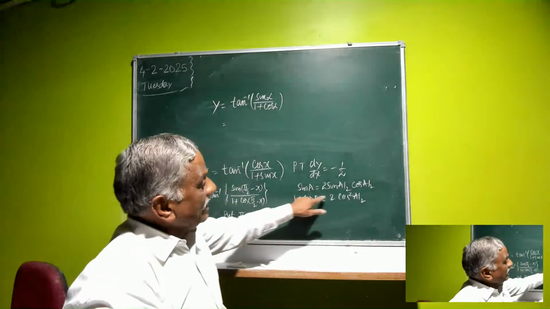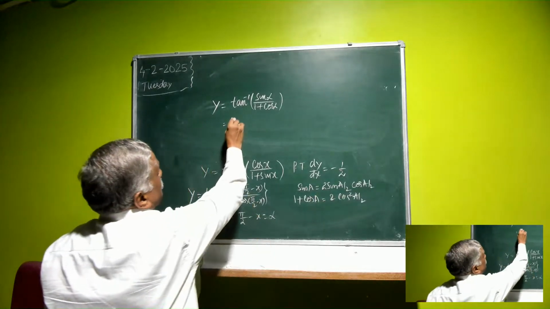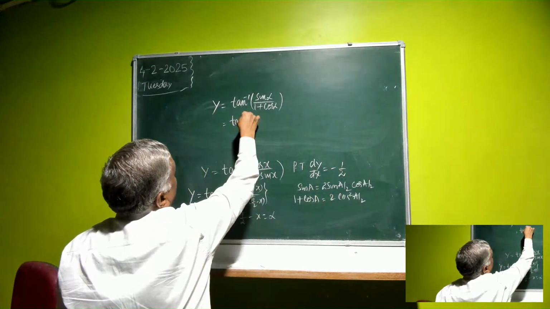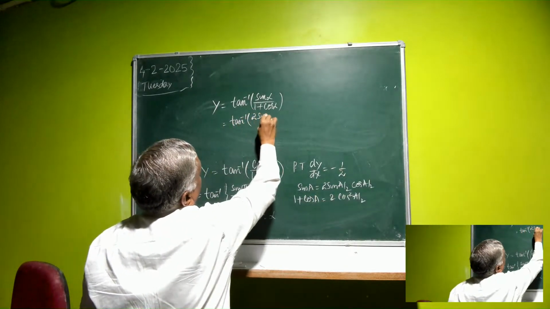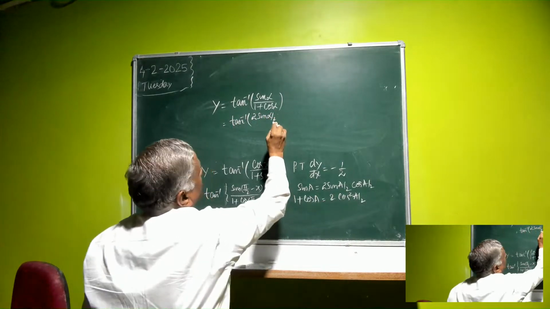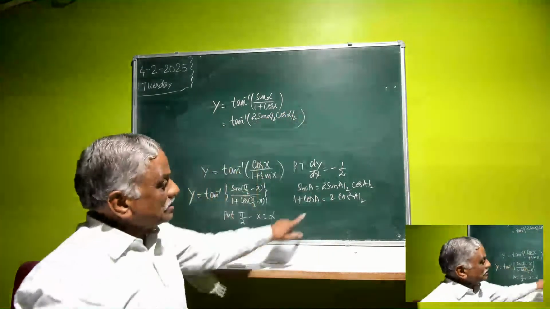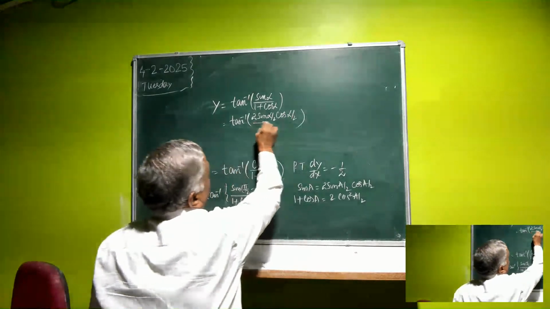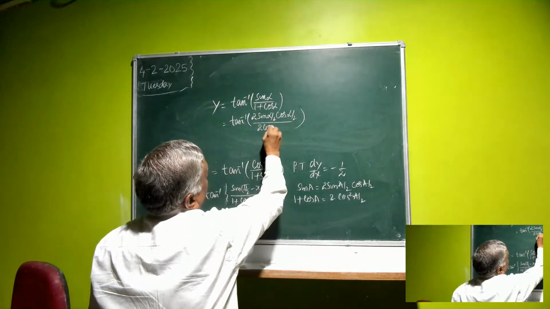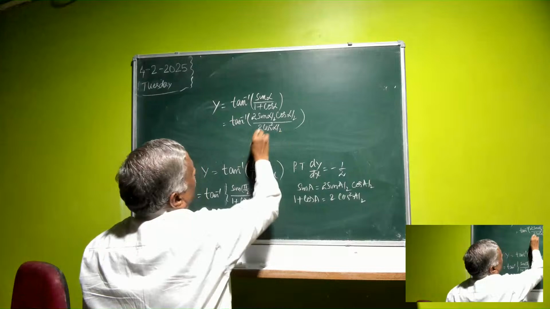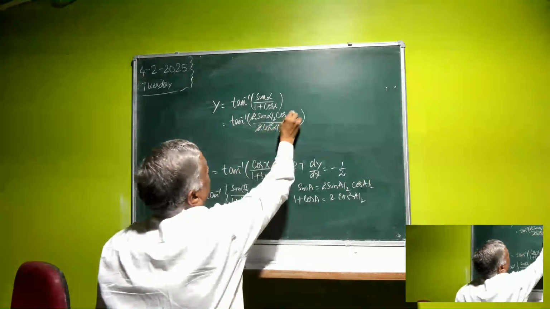What is sin A? 2 sin A by 2 cos A by 2. Okay, let us use that formula. Tan inverse of 2 sin alpha by 2 into cos alpha by 2, over, what is 1 plus cos A? 2 cos square alpha by 2. Now 2 I can cancel, 1 cos I can cancel.